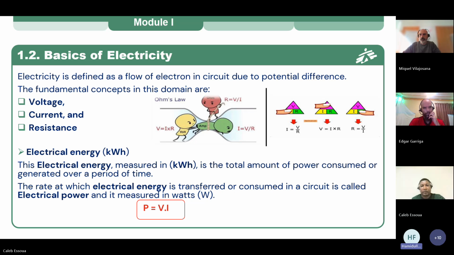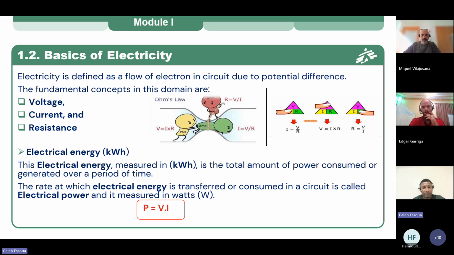Especially in MSF, electricity is used to run medical equipment, lights, fridges, cold chain, and communication systems. There are two types. One is direct current, DC, which flows in one direction, used in batteries and solar panels. The other is alternating current, AC, which changes direction regularly, used in homes, from generators and city power.